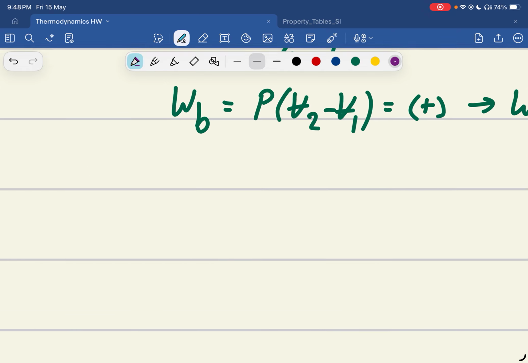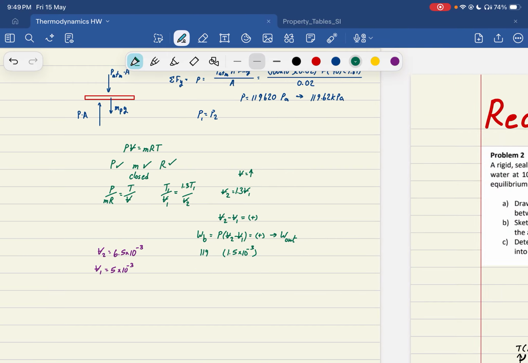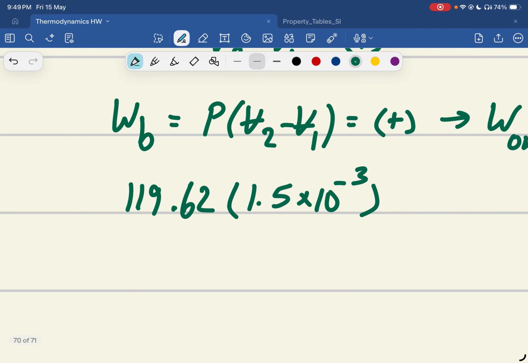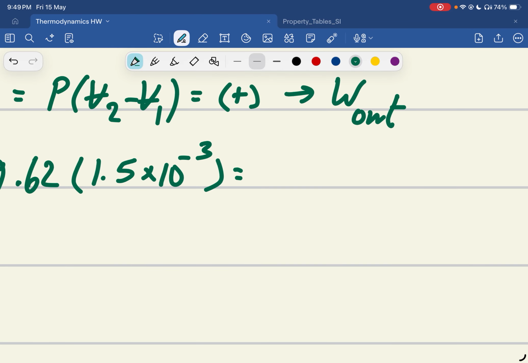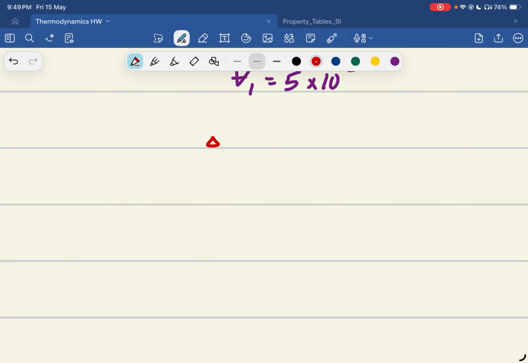And the difference would be 1.5 times 10 to the negative 3 times 119.62. And it'll be 1.17943 kilojoules.